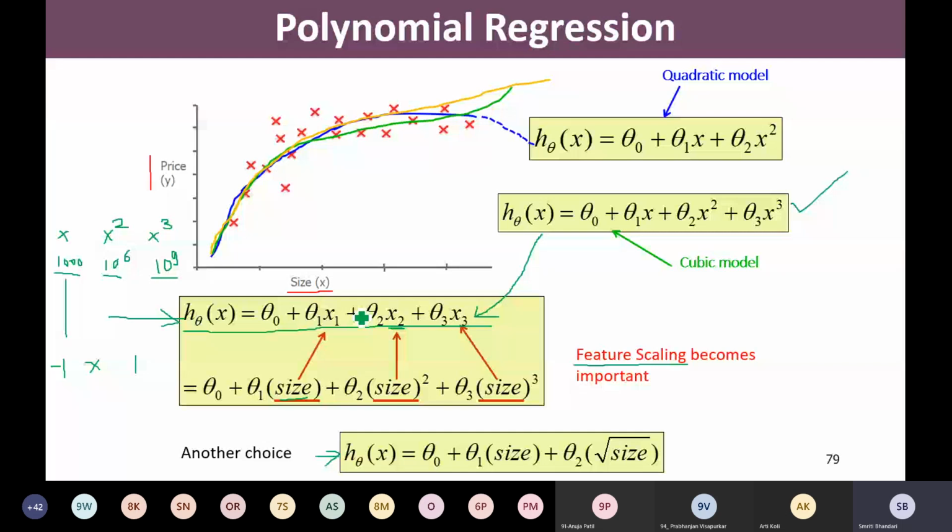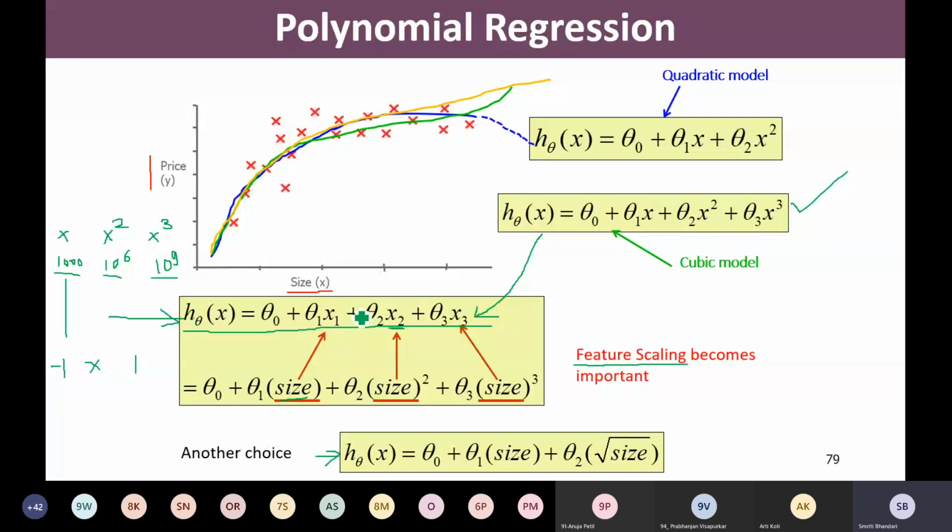In one of the units, we are going to discuss several algorithms that will help us select which features are more suitable to consider. We will focus on these algorithms later. But right now, just think of this concept as it is possible to create our own features, and it is also possible that, given a set of features, we may pick the appropriate ones to come up with the hypothesis.